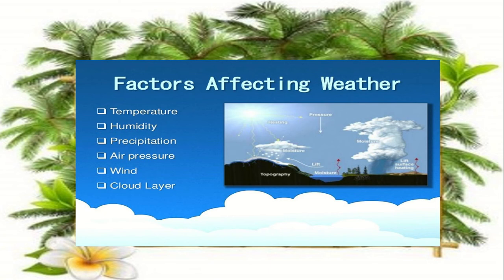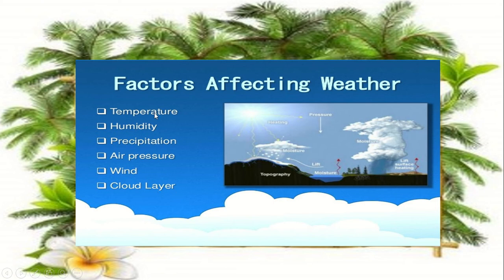Factors affecting weather. There are 4 major factors that affect the weather condition: temperature, atmospheric pressure, wind and humidity of the atmosphere. And also we can focus on precipitation, that is rainfall, and cloud layer, dense or light.